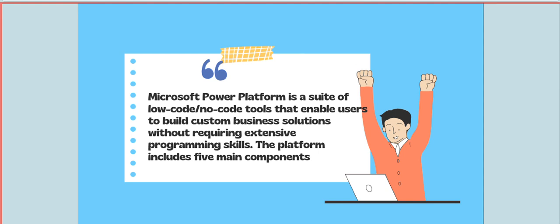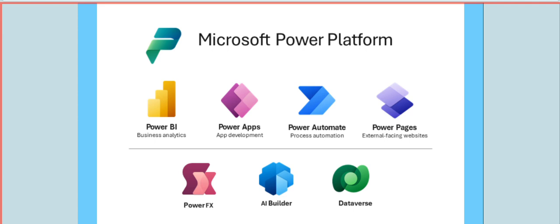And these are the solutions you build without requiring extensive programming skills. Emphasis on the word extensive. It means some programming skills will provide you some leverage, but they are not absolutely necessary to build the solutions. The platform includes 5 main components, and we're going to be looking at them shortly.